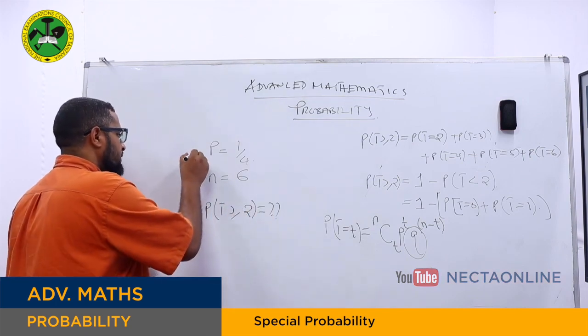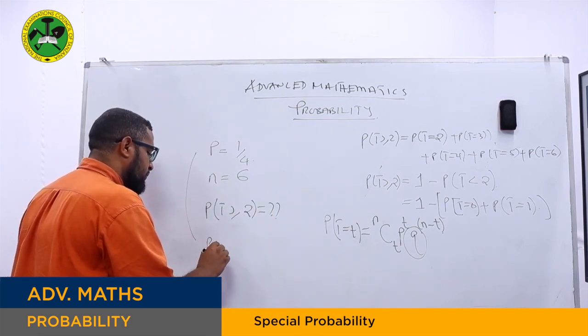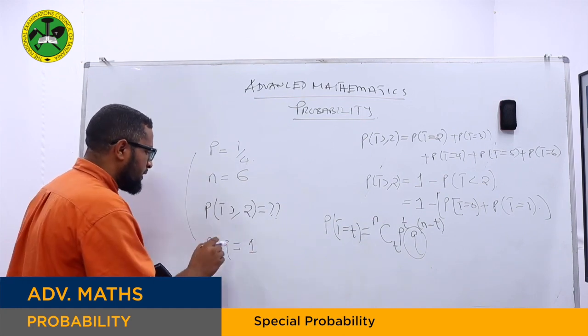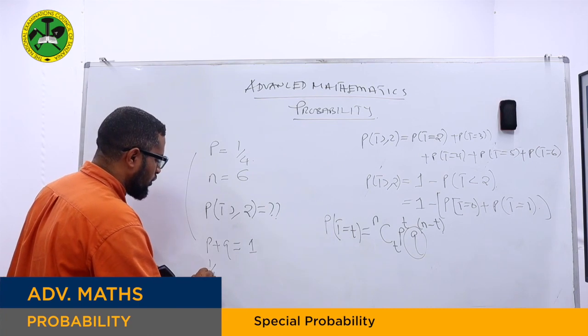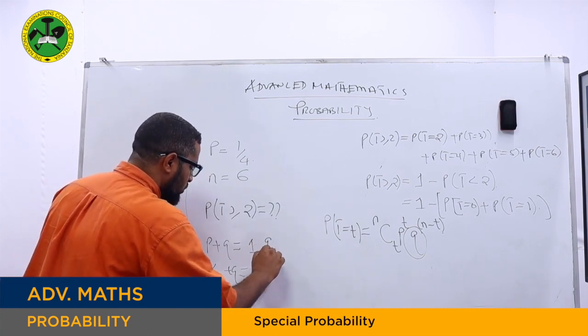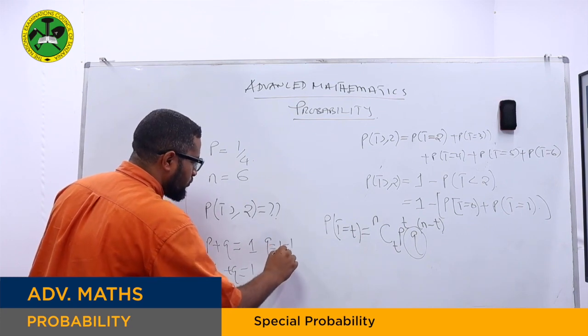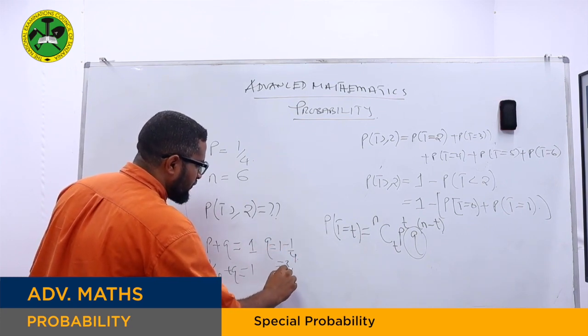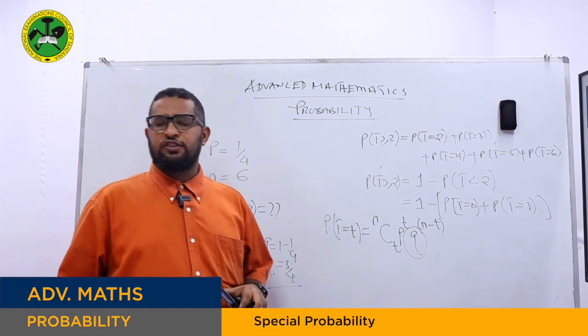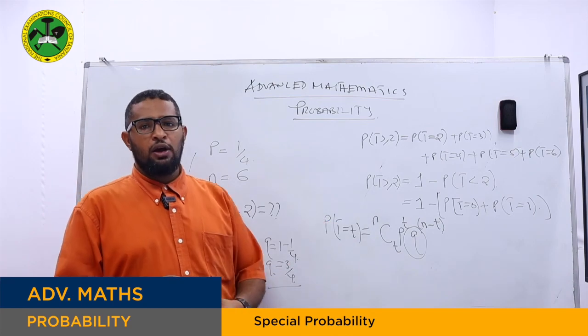But remember, probability of success plus that of failure is equal to 1. Now, our p is 1 over 4 and p plus q is equal to 1. So q will be equal to 1 minus 1 over 4, which is equal to 3 over 4. That is the value of q, which is supposed to be substituted in our formula.